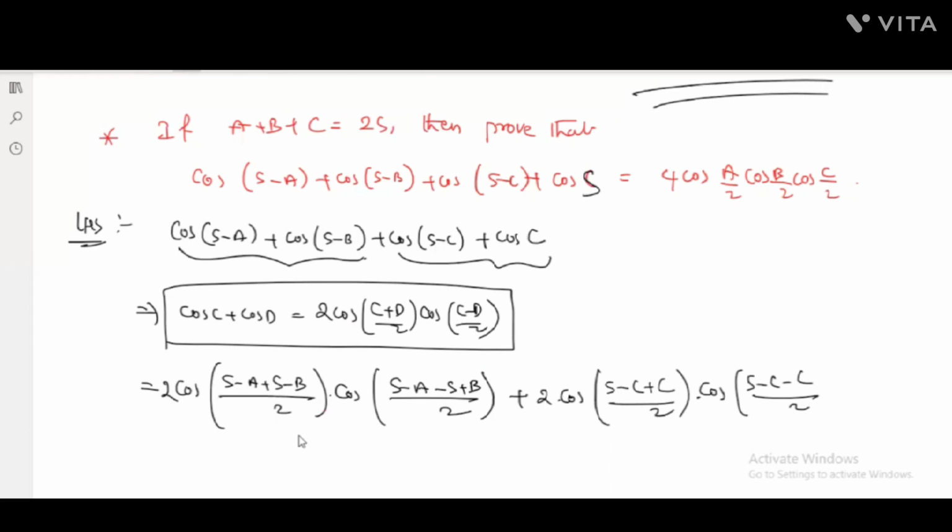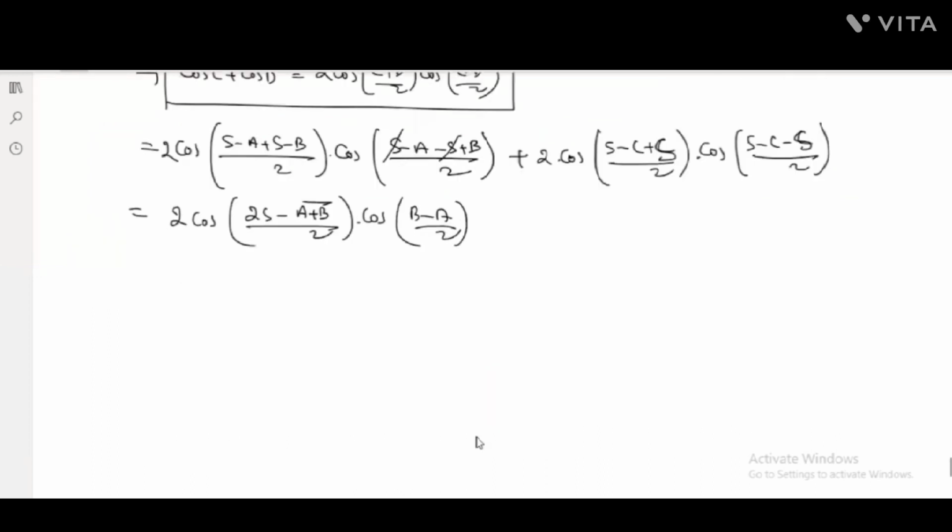So we get 2 cos of (2s minus a minus b) by 2 into cos of (b minus a) by 2, plus 2 cos of (2s minus c) by 2 into cos of minus c by 2.